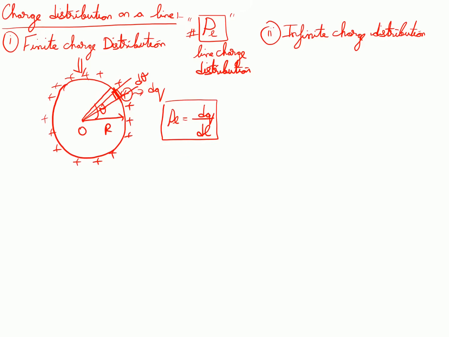So this is line charge distribution, rho L, and its unit is going to be coulomb per meter. So if I want to further define what is this dL, this is combination of the radius covered from the origin to the theta, or the small angle that we got, that is d theta. So this is how we mathematically define a finite charge distribution on this circle with radius r and angle theta.